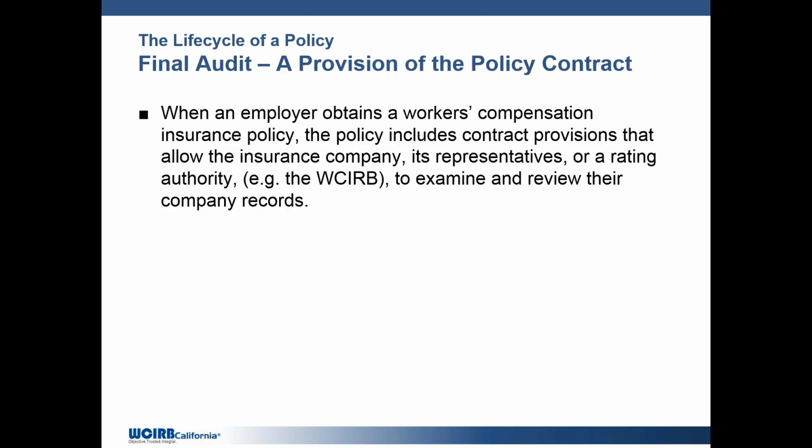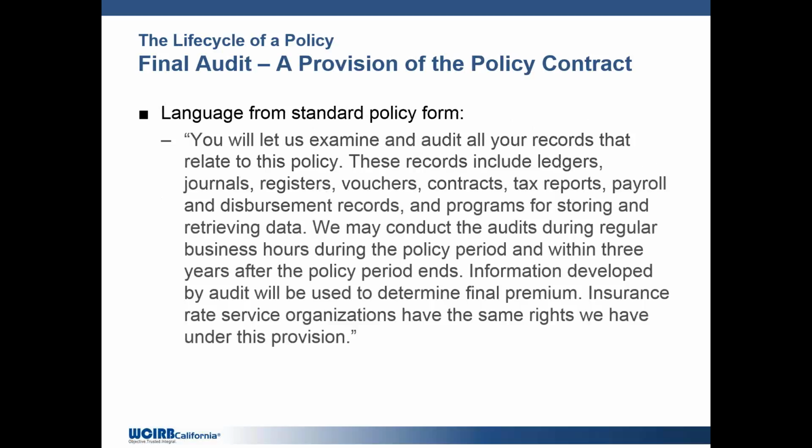When you obtain a workers' comp policy, the policy includes provisions in that contract that allow the insurance company, its representative, which might be an outside audit company, or a rating authority such as the WCIRB, to examine and review the company records. I'm going to give you a slide here with some language from our standard policy form.